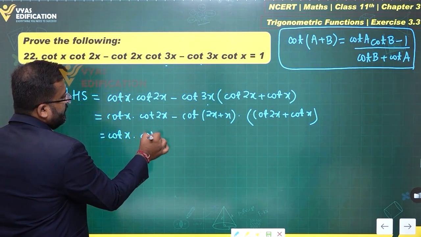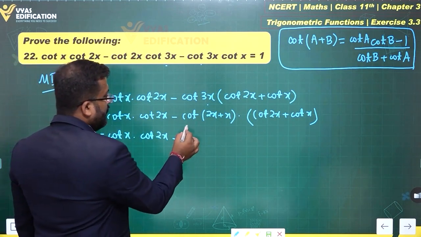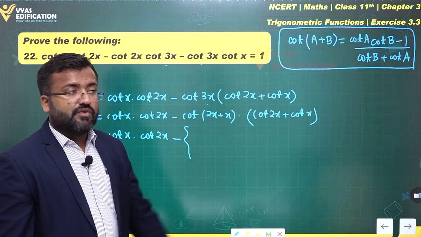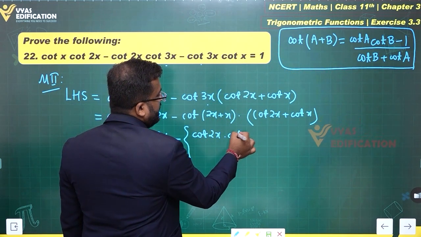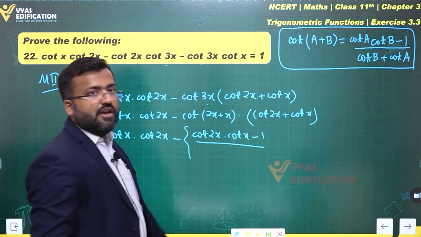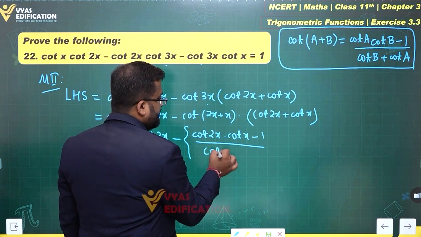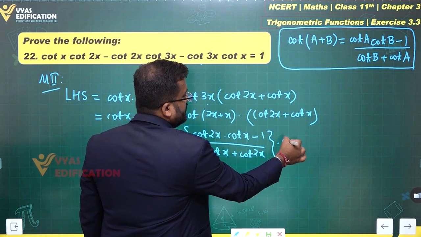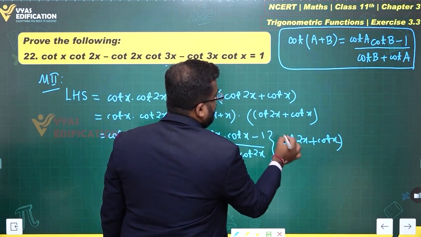Cot x is as it is. Minus, if you remember that formula, things become very easy. What you have over here is cot a plus b, which is cot a cot b minus 1. This is cot 2x cot x minus 1 over cot b plus cot a, which is cot x plus cot 2x in the denominator. This is cot 2x plus cot x in another bracket over here.